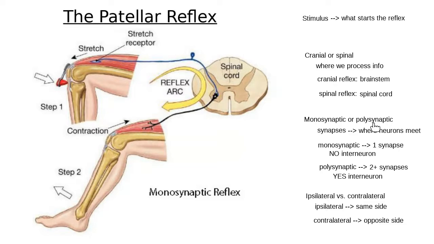Do we remember? Yeah, the patellar reflex is a monosynaptic reflex. We know that because when we look at it, there is one synapse. We go from the sensory neuron into the motor neuron. There's no interneuron in this reflex.